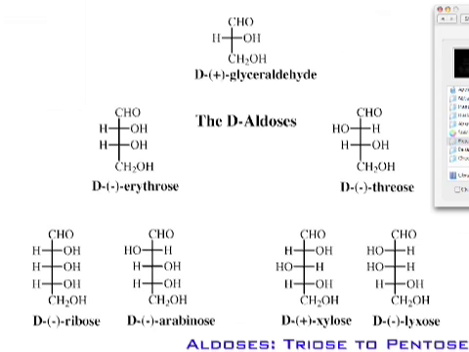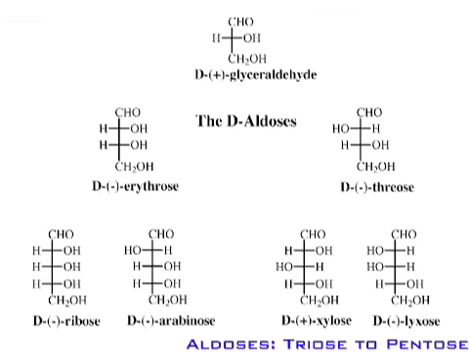Yes. So what we have here are the D-aldoses. Descending, we see increasing numbers of chiral centers.